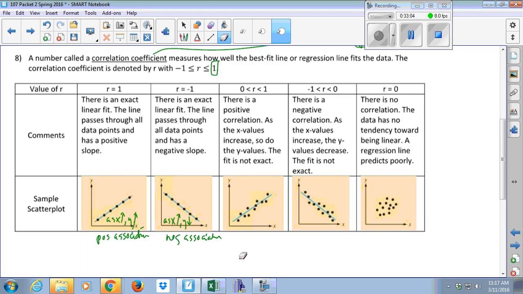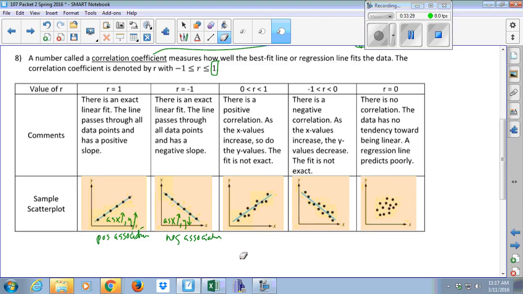Now, like you saw with our data, it usually scatters around the line. And if those points are fairly close to the line, you would expect an R value to be like 0.8, 0.9, 0.95. If it's really close, 0.98. If they start getting a little bit further away from the line, then that value gets closer and closer to 0.